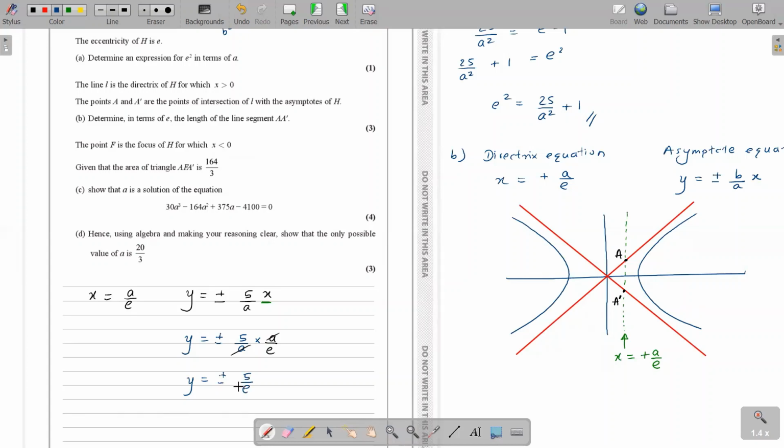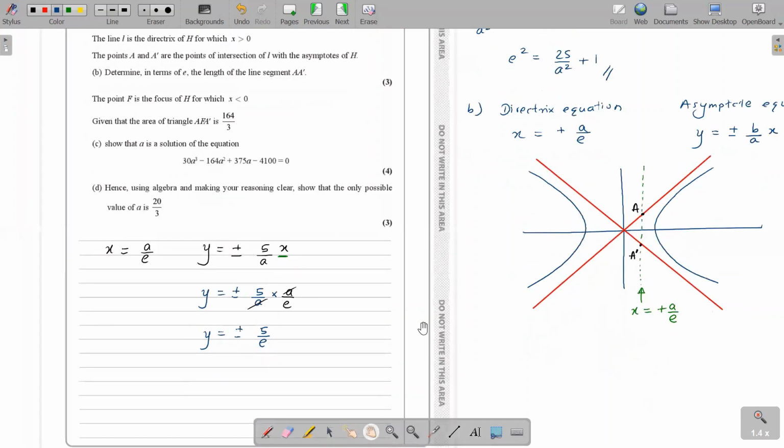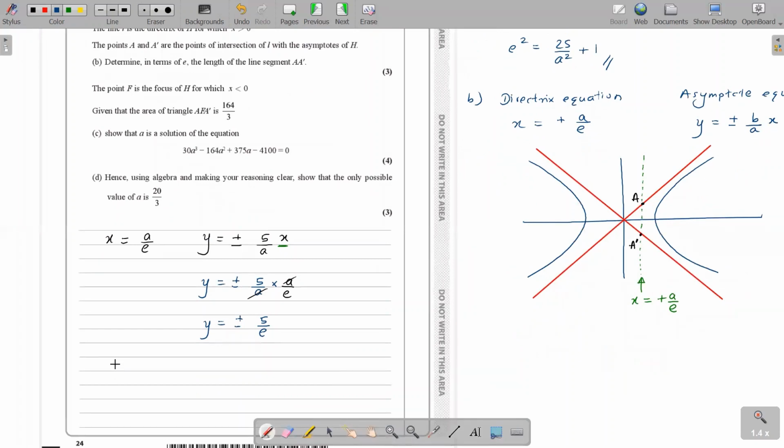One coordinate gives the y coordinate of A, the other gives the y coordinate of A dash. The y coordinate of A should be plus 5 over e, and the y coordinate of A dash should be minus 5 over e. So what do you think is the distance, the length of A A dash?